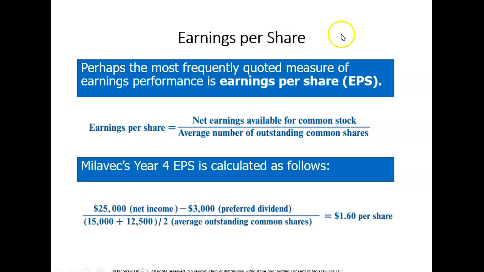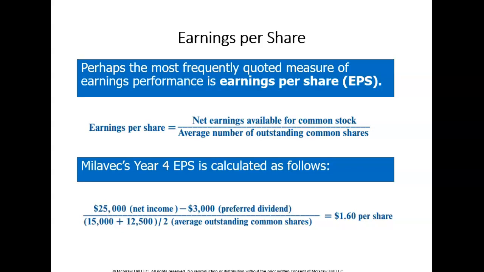To get your net earnings for common stockholders, it is your net income minus preferred dividends. Preferred dividends are dividends paid out to what's called preferred stockholders, which takes away the earnings available for the common stockholders.